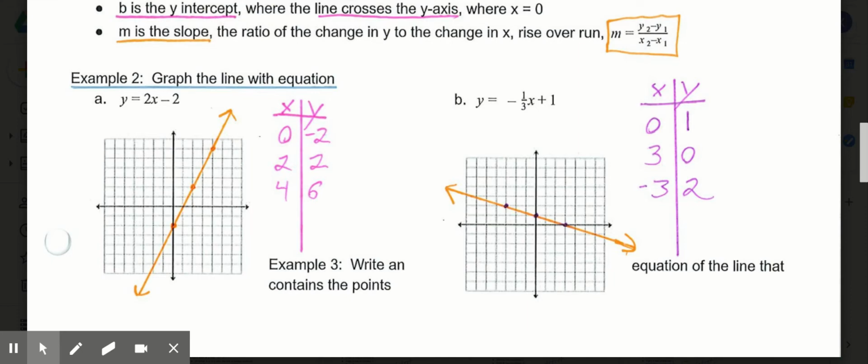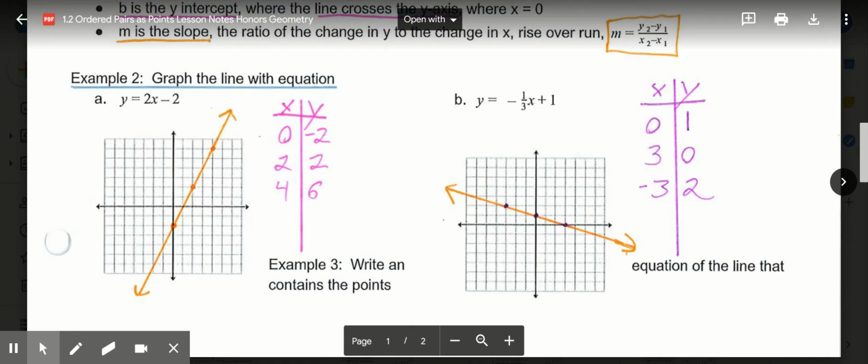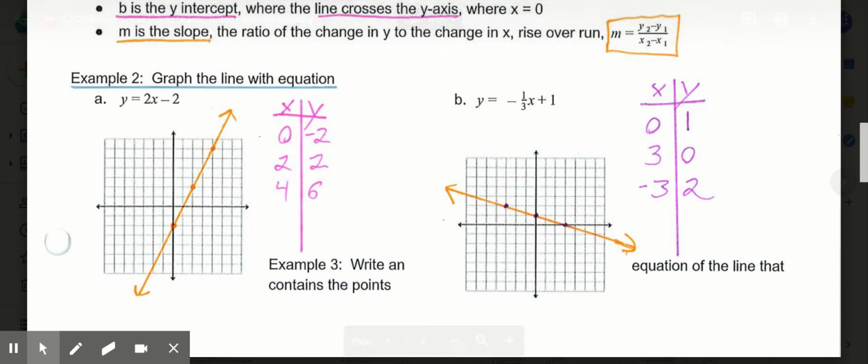So we could create an xy t-table, get our coordinates, and then put those points on the graph to create our line. So 0, -2, starting at our origin, over 0, down 2, so there's our first coordinate. 2, 2, starting at 0, 0, right 2, up 2, there's our next point.